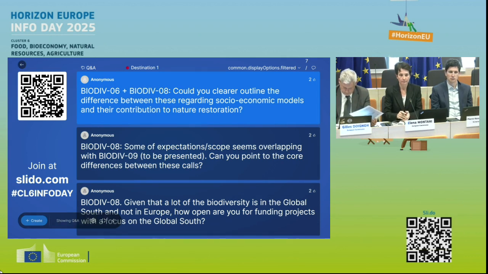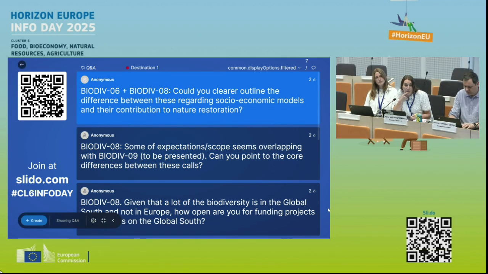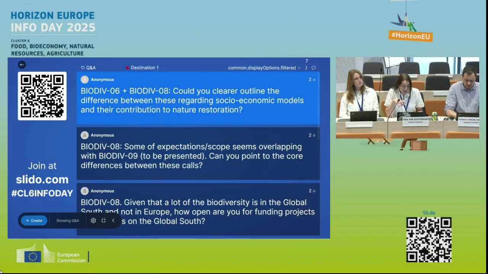Yes, sure. So here, a socioeconomic model can contribute to biodiversity conservation by, for example, integrating human behavior, economic incentives, or social structures into environmental decision-making.